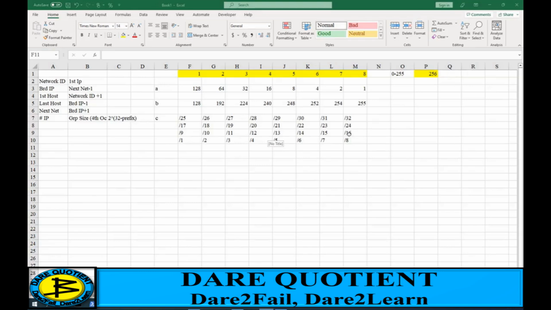So we have 32 bits. This corresponds to those 32 bits. And that is used to determine how many IP addresses you want. So this is where you have your different octets. This very first row, so row A, corresponds to your group size. Row B, this is your subnet mask.